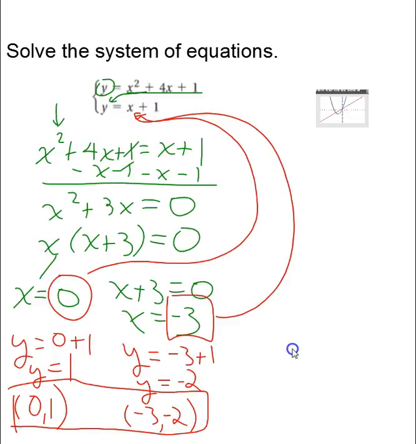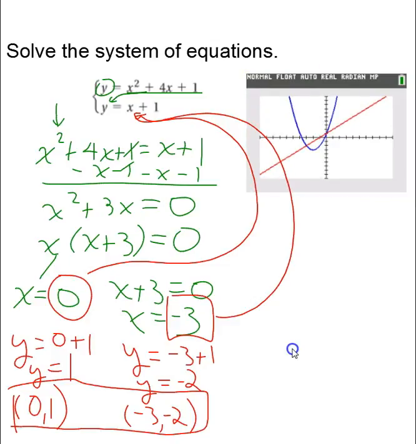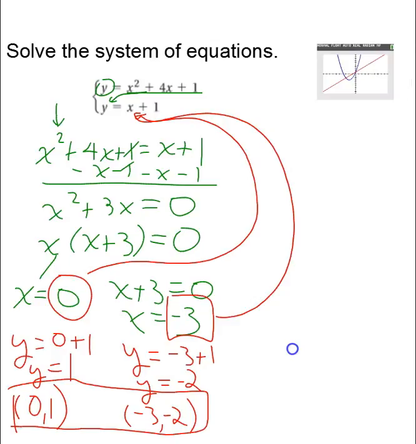Well, if I want to solve a nonlinear system, I can either solve it by graphing the two functions and just finding the intersection. But again, if you don't have a graphing calculator, that might be hard to do. Or I can use my algebra skills. Substitution method is probably what most of you guys like to do.